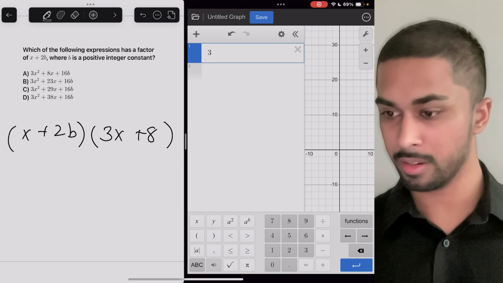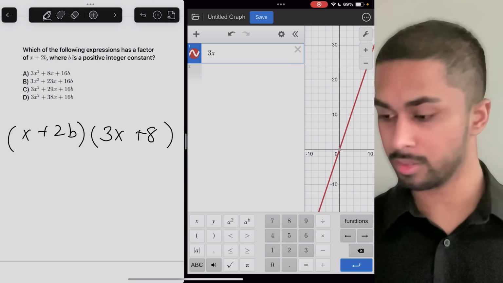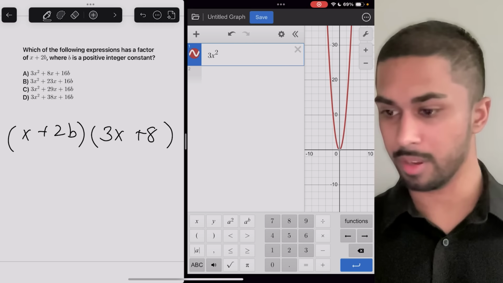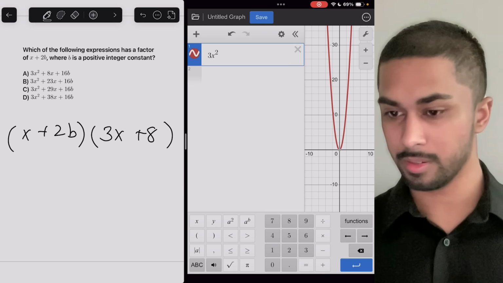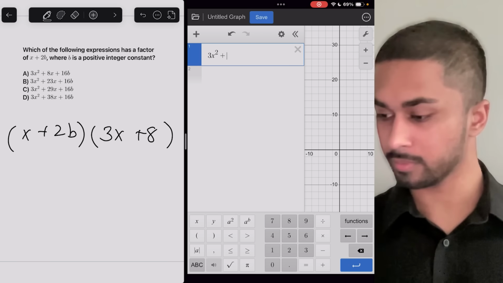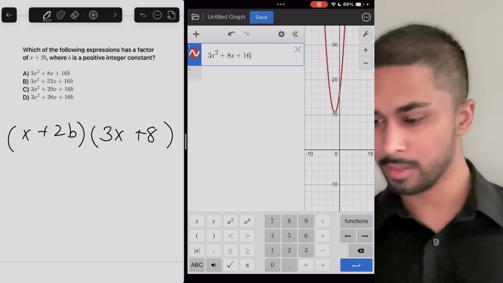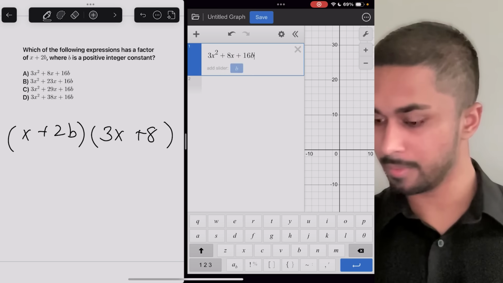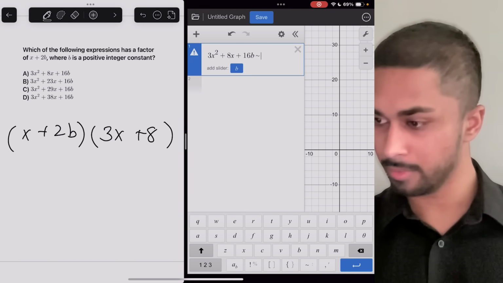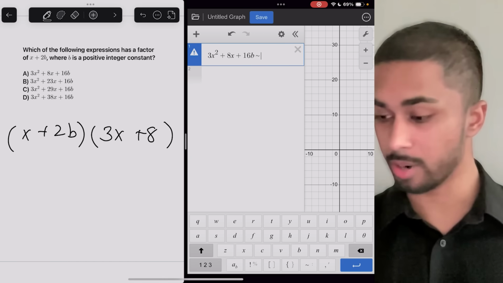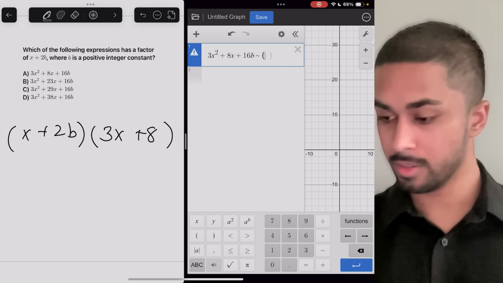3x squared. Right now, I'm going to type in the first answer choice, (16b). And then tilde. Again, we're using regression for every single one of these.